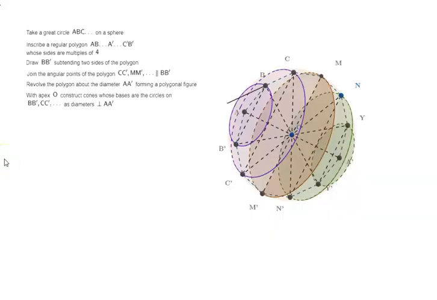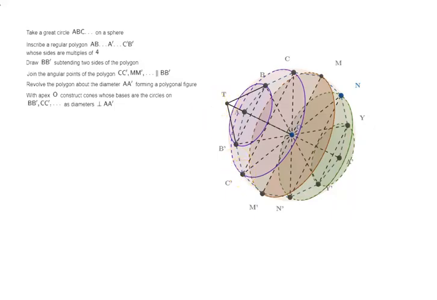We extend CB, we extend C prime B prime, and we take the intersection as T, and we join OT. So here we have two cones, one B, B prime A, and the other is C, C prime T.